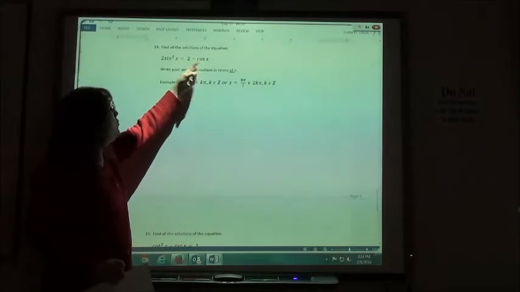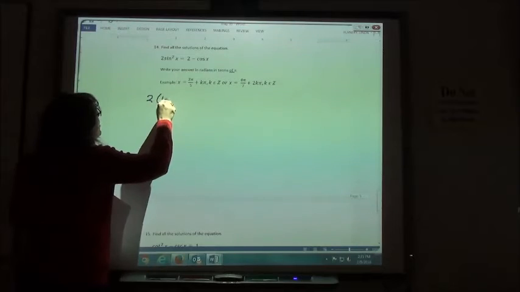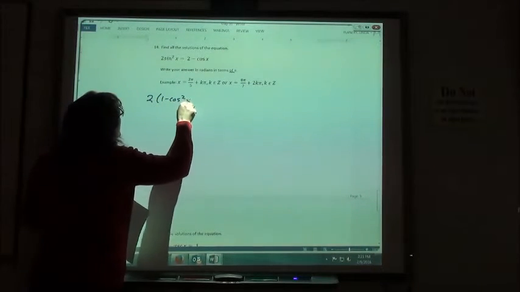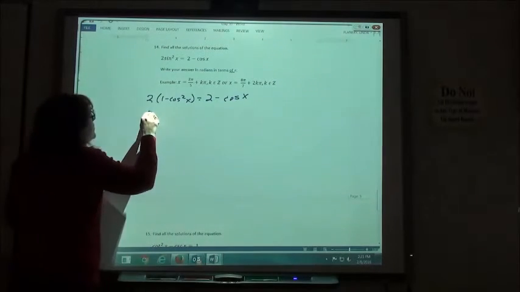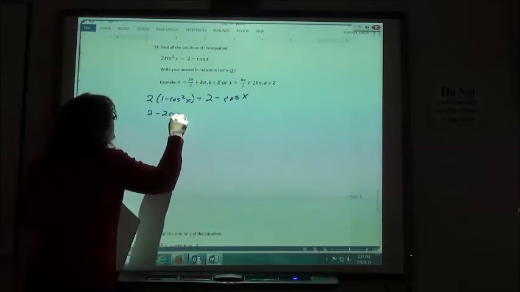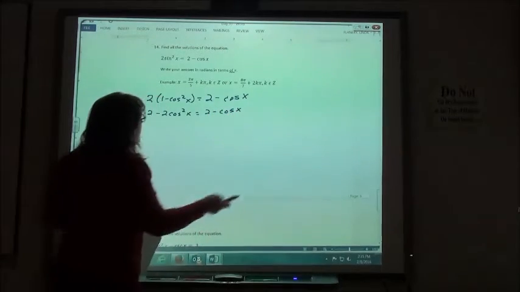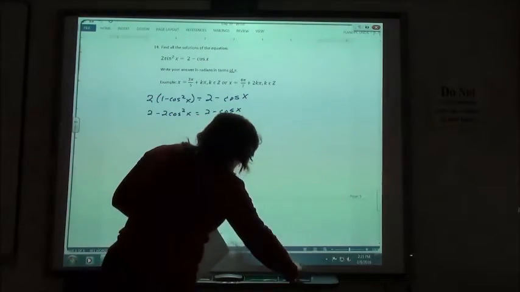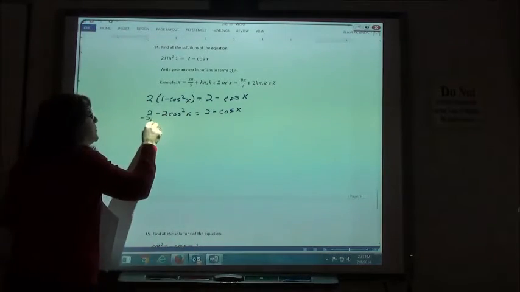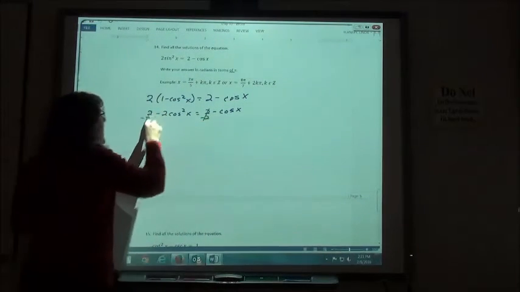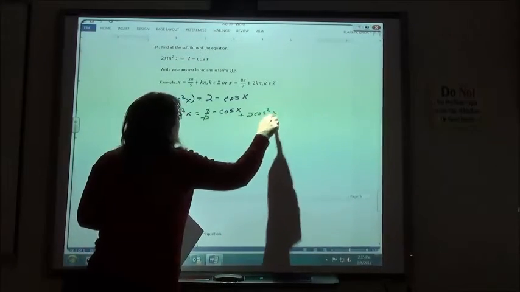Again, since this has cosine, I'm going to substitute in there and say 2 times 1 minus the cosine squared of x equals 2 minus the cosine of x. So 2 minus 2 cosine squared of x equals 2 minus the cosine of x. Since I want my cosine squared to be positive, I'm going to move these two things over here. So I'm going to subtract my 2, which happens to cancel that out, and add my 2 cosine squared of x.